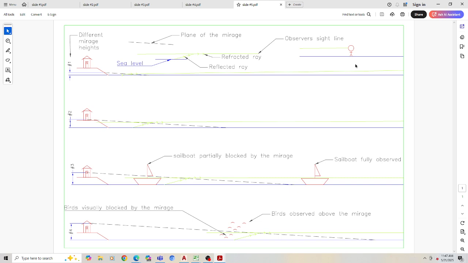Anytime we see a superior mirage, it's miles away from us. Refraction mirages, the inferior, and again superior or diffuse, we can observe much closer. So this is the mechanics of what I would describe as how mirage actually occurs.